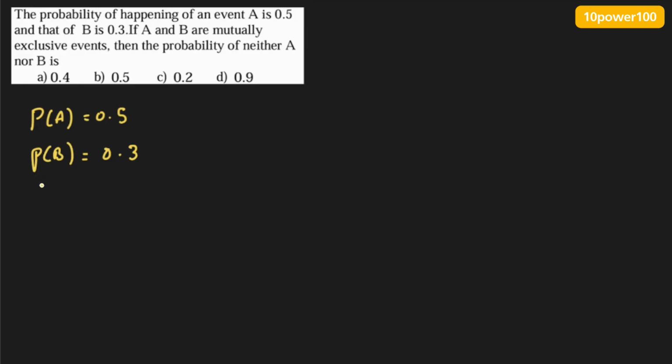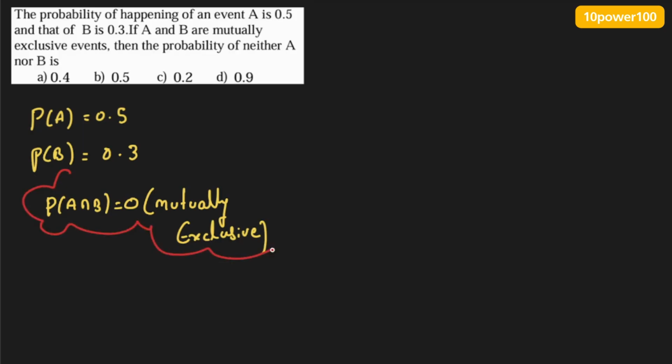So if events are mutually exclusive, then the probability of A intersection B will be 0. If the events are mutually exclusive, then the probability of A intersection B is equal to 0. Very important point for this problem.